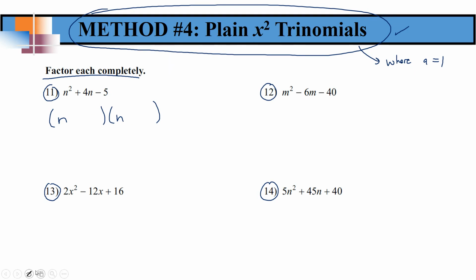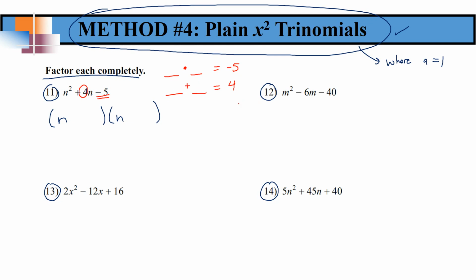And so for that, I use what I call my blank system. I know that I'm looking for 2 mystery numbers. Those 2 mystery numbers should multiply to give me -5. Those same 2 numbers should add up to give me +4.